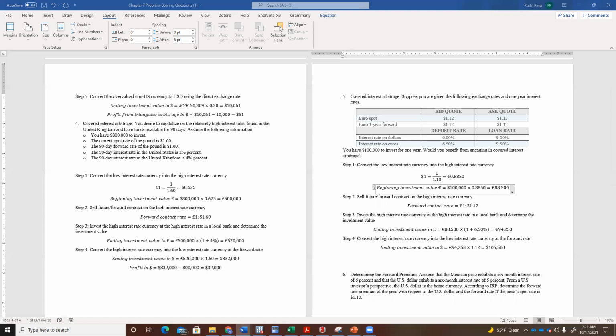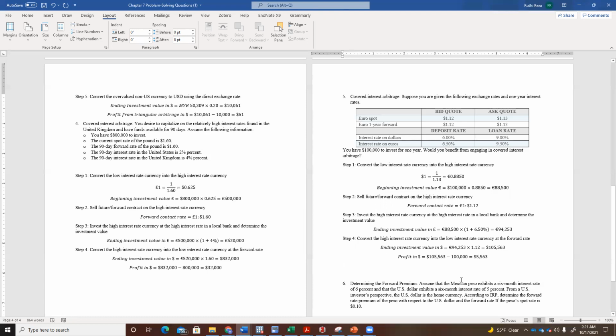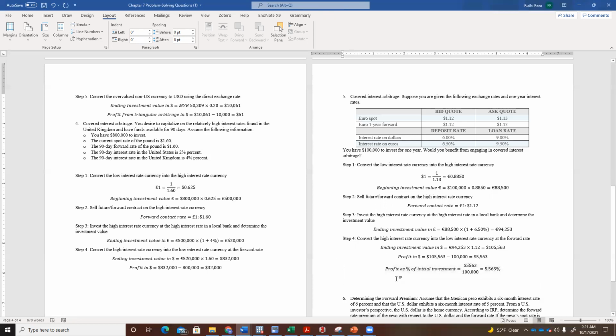So our profit here is $5,563. And if you are interested to know your profit percentage, then you can calculate your profit as a percentage of your initial investment. So here your profit is 5,563, and your investment is $100,000. So your profit is 5.563%.